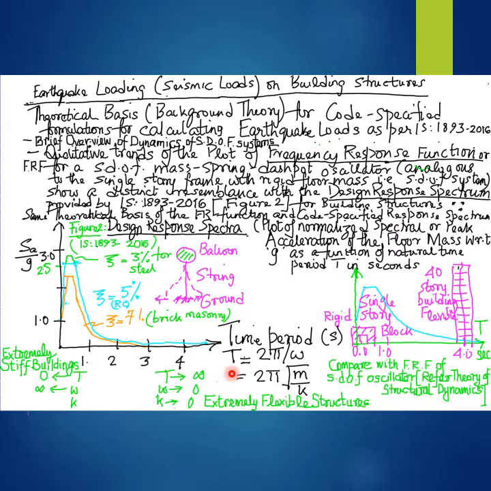In other words, in case of extremely flexible structures with the spring stiffness or spring constant K of the idealized single degree of freedom structural system tending to zero, and therefore the natural circular frequency omega of the first mode of free vibration of the building tending to zero, the natural period or the fundamental time period denoted as capital T tends to infinity.